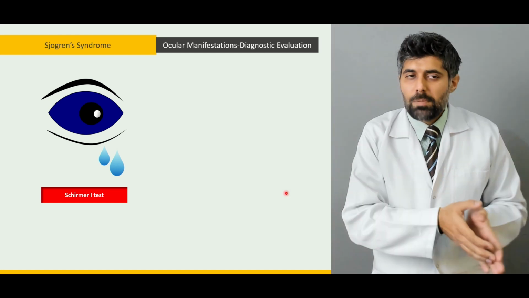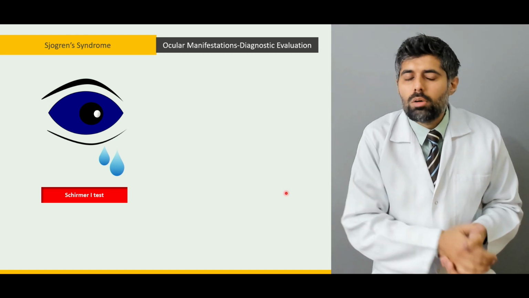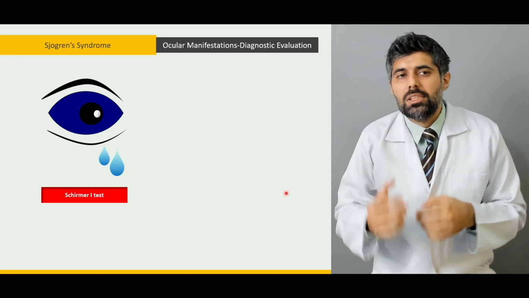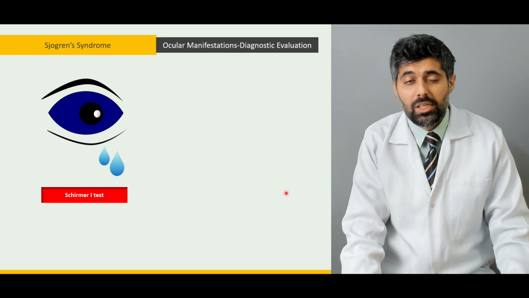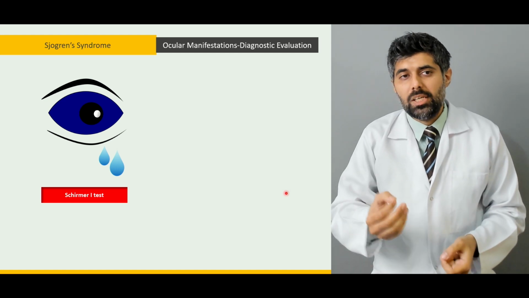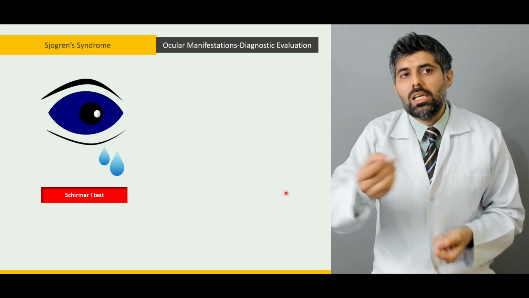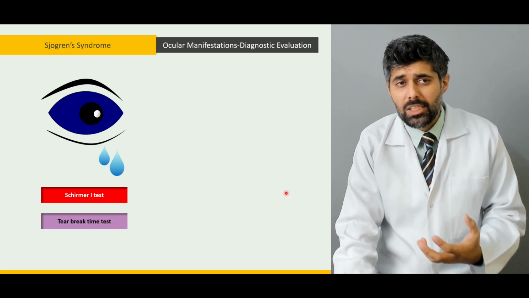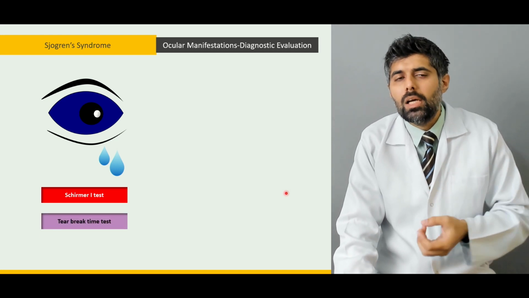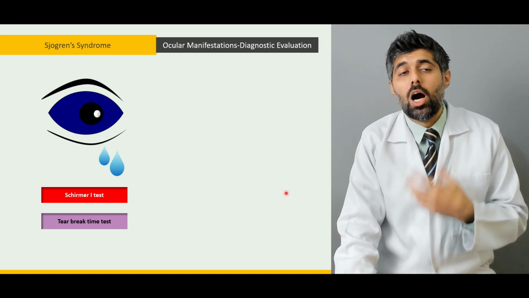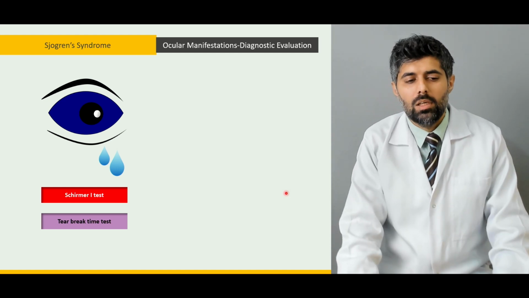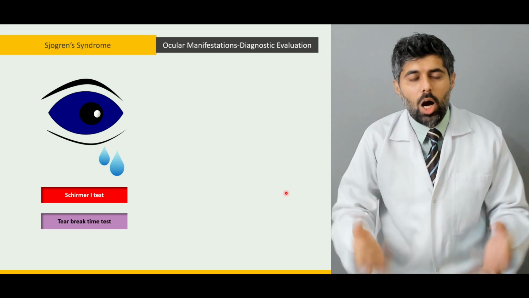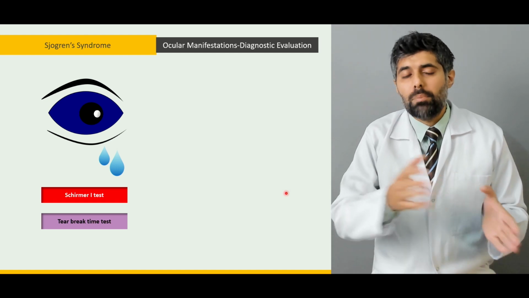But whether the patient has Sjogren syndrome or just simply keratoconjunctivitis sicca can be distinguished by certain tests such as the Schirmer 1 test, which measures the ability of the lacrimal gland to lubricate the eye. It is done by placing a filter paper in the lower eyelid and measuring how much it has moistened. Then we have the tear break-up time test, or in other words, how much tear is produced periodically.